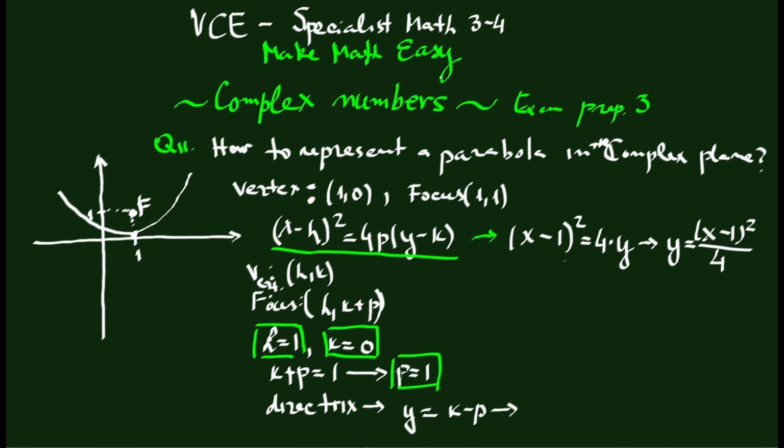So that becomes 0 minus 1, so y equals minus 1. So that's our directrix.